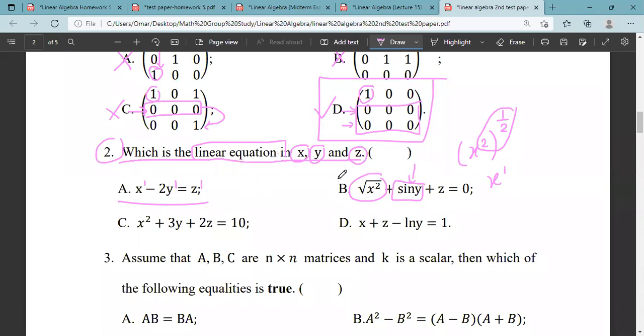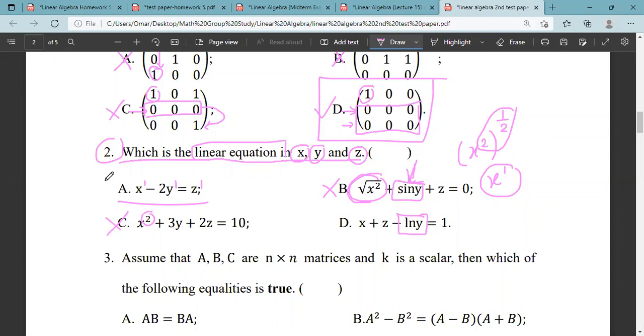So this is not a linear equation. Although this part is x to the power 1, we have sine y here. That's why this is not a linear equation. And then here we have a variable with power 2, so this is also not a linear equation. And here we have the ln function, so this is also not a linear equation.